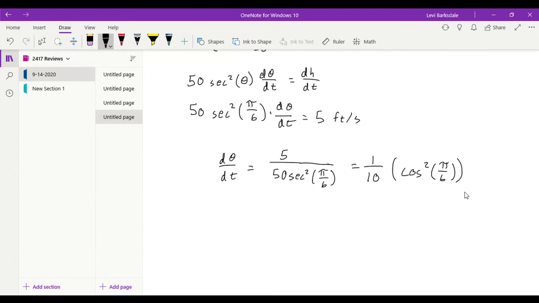And then cosine of pi over 6 is equal to the square root of 3 over 2.